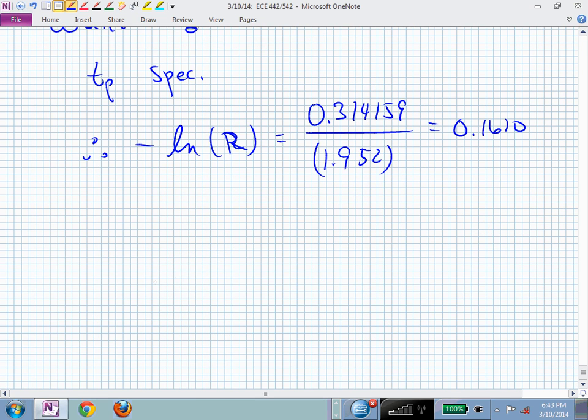We solve that for r, and r now becomes e to the minus 0.161, which is a little bit less than 0.912. It's now 85% of 1, 0.851.